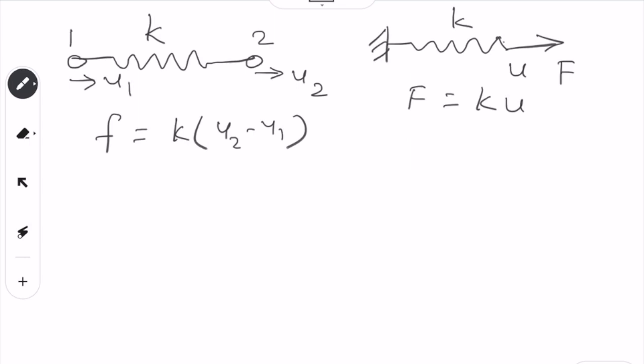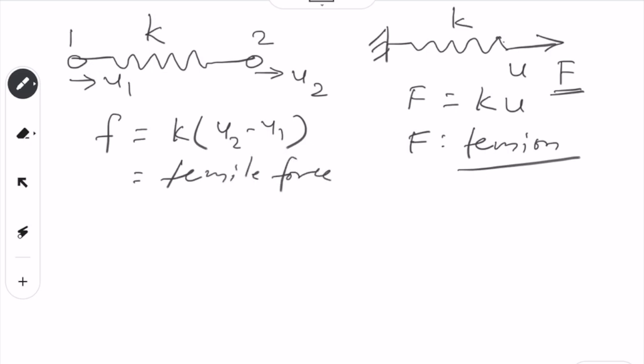And what is F? If you see the right hand figure, F is nothing but a tensile force, so F is actually tension. We have a sign convention as well.